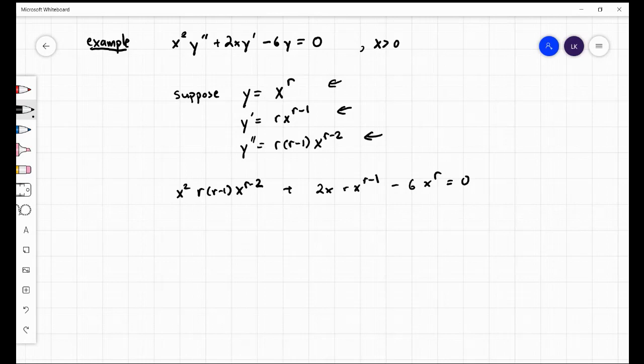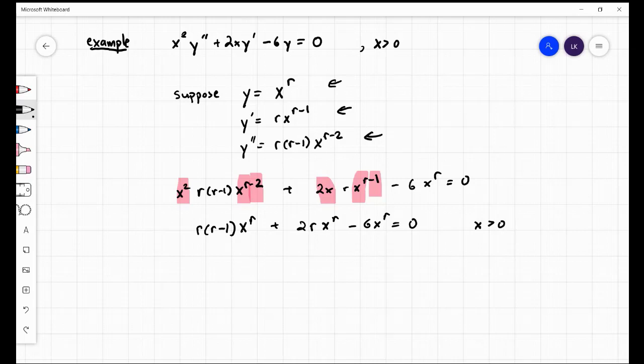As you might see, simplifying, we multiply these out. We will always get a factor of x to the r. And since we assumed x is positive, we can just factor out x to the r.